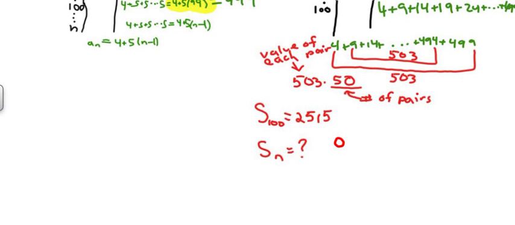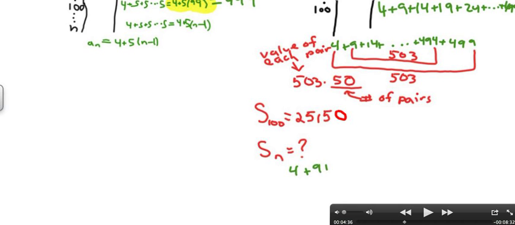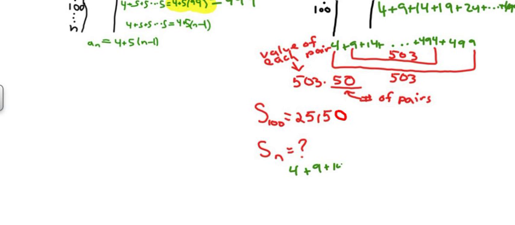Right? We want to be able to find that, so we need to add together 4 plus 9 plus 14 plus ... plus what? What's the last term? When do we stop?